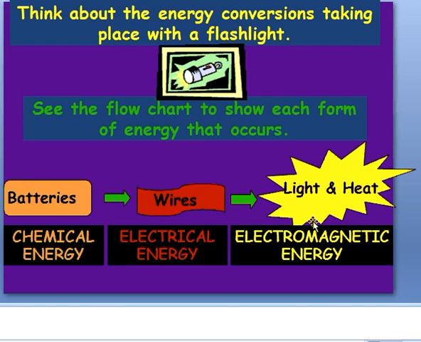The light is represented by electromagnetic energy, but it would also be giving off thermal energy, because sometimes you can feel the heat at the end. Put your hand at the end of a flashlight. It's not a lot of heat, but you can feel heat there too. So chemical energy was converted to electrical energy, which was converted to electromagnetic energy, and also some thermal energy.